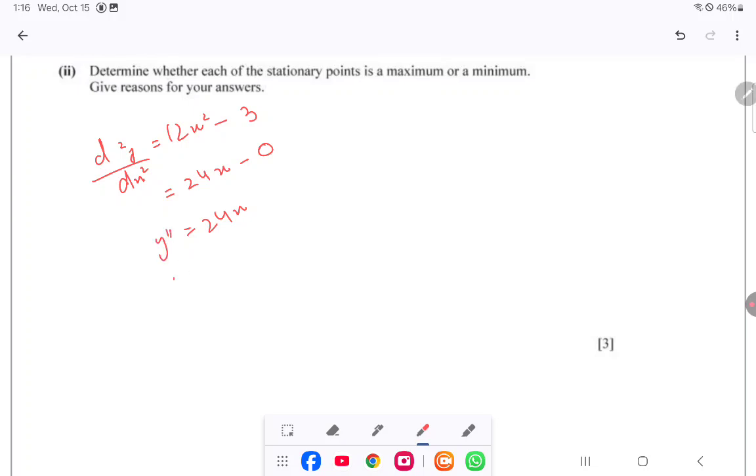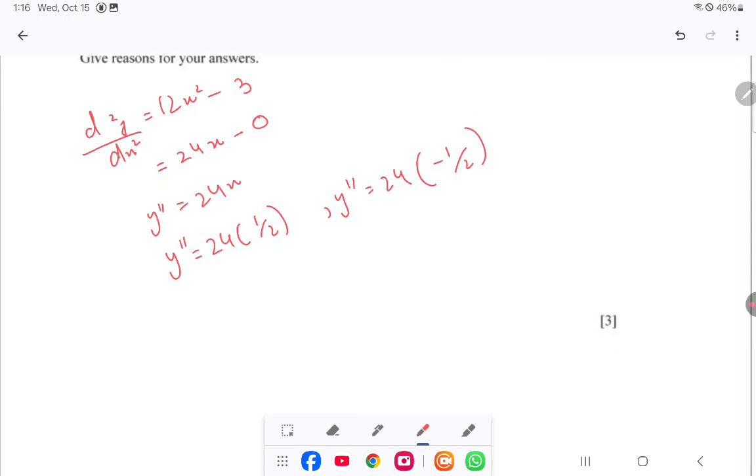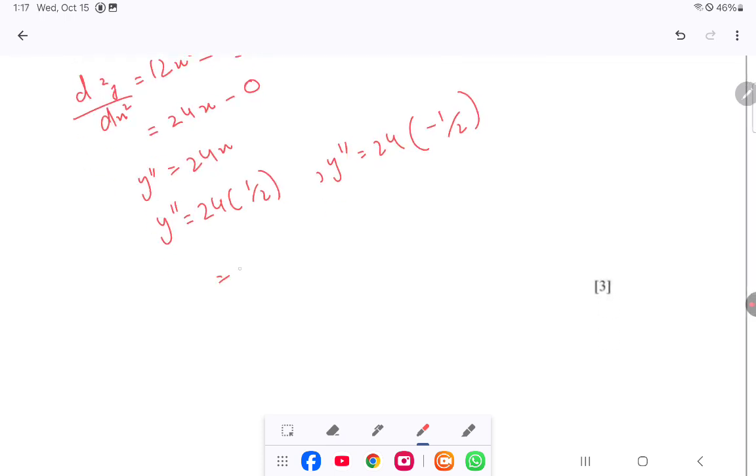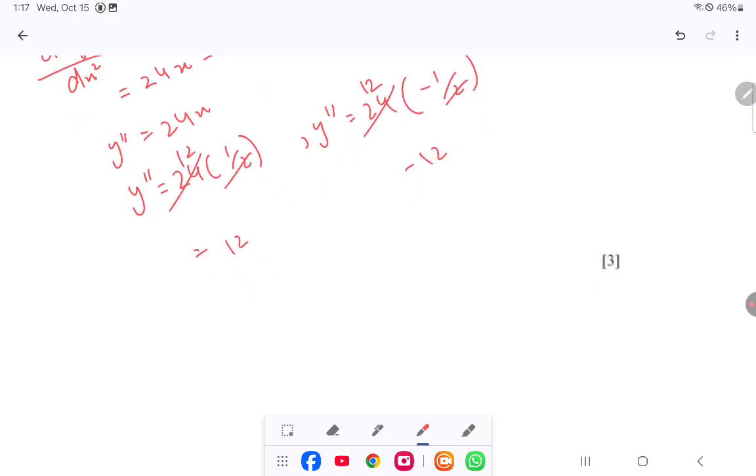For the second derivative, first is half, second is negative half. The positive half will give you the value of 12, and the negative half will give you the value of 12, but negative.